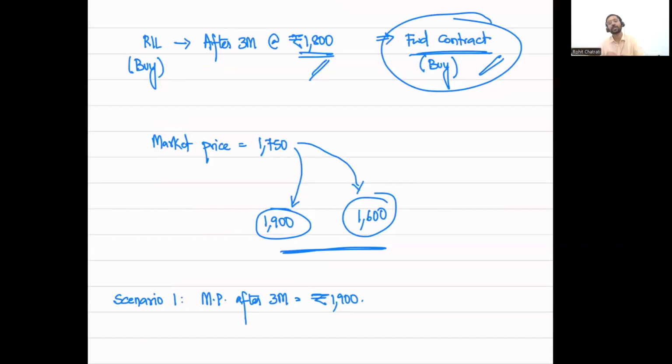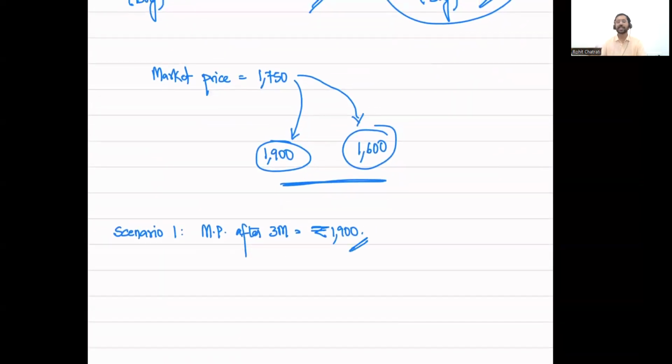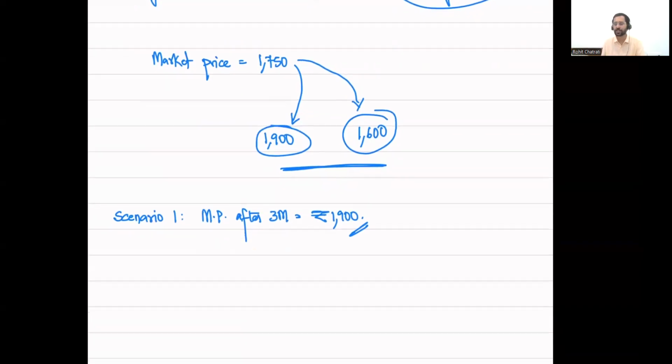So this particular contract is a financial asset for me where the market price is greater than the forward price.